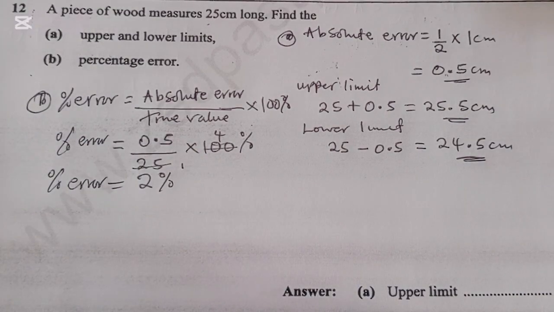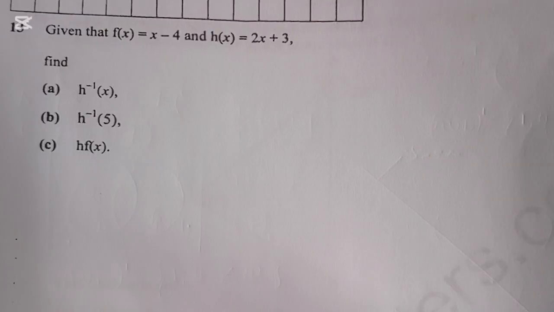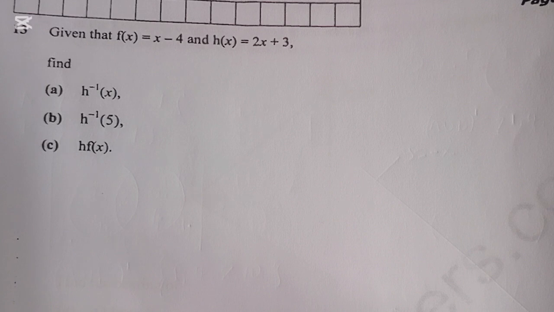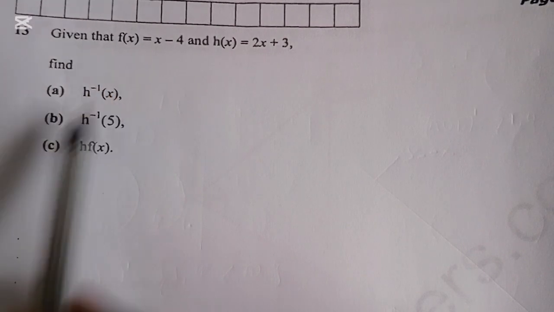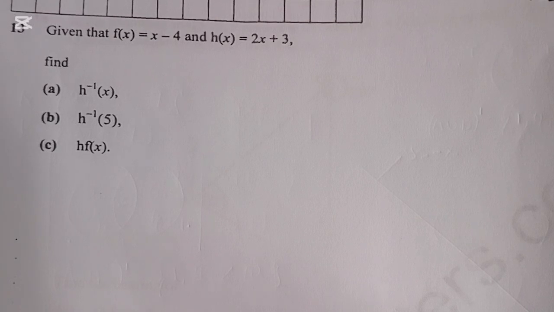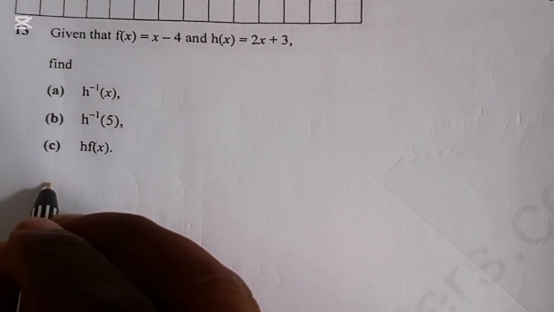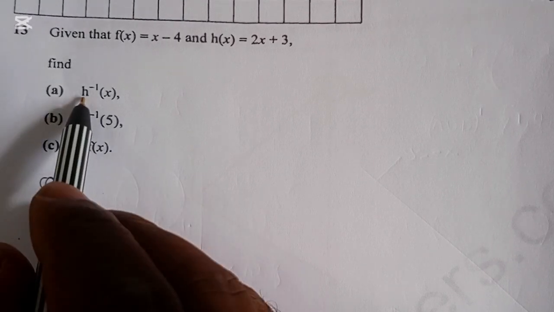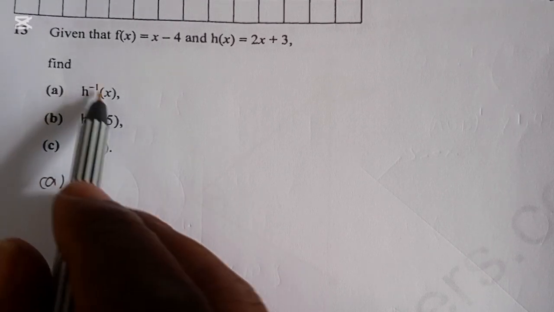Number 13, given that f of x is equal to x minus 4 and h of x is equal to 2x plus 3, find h inverse of x. So part A, we are looking for the h inverse of x.